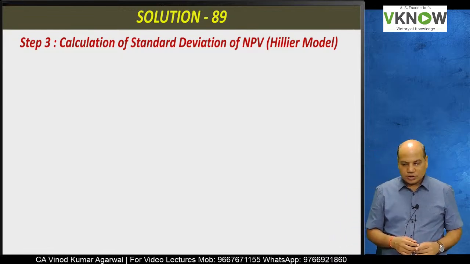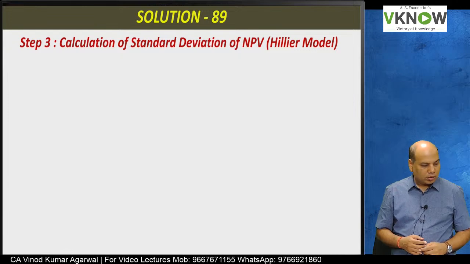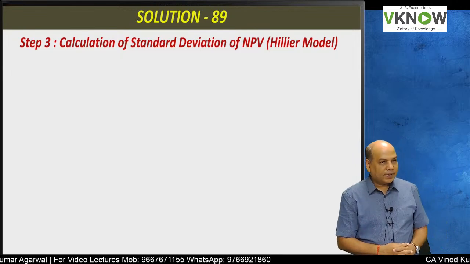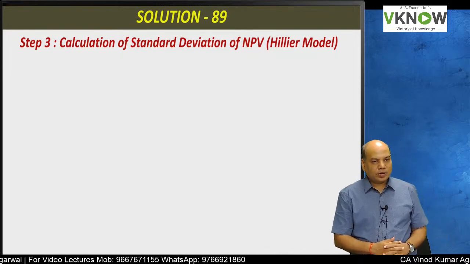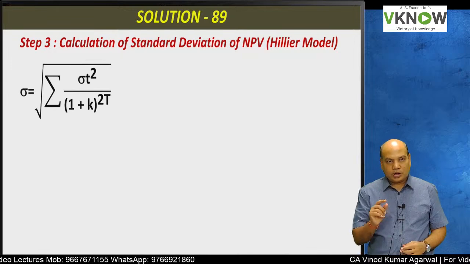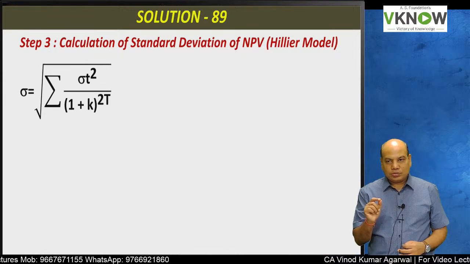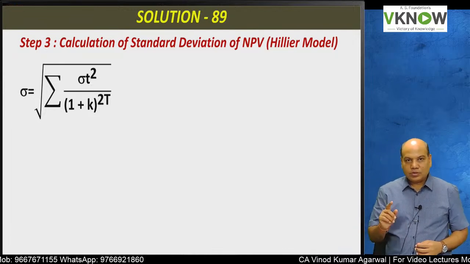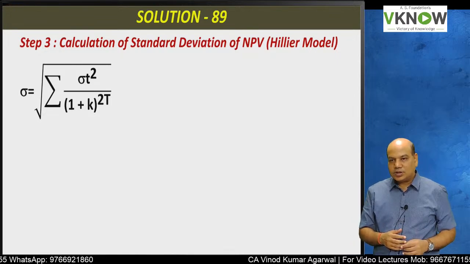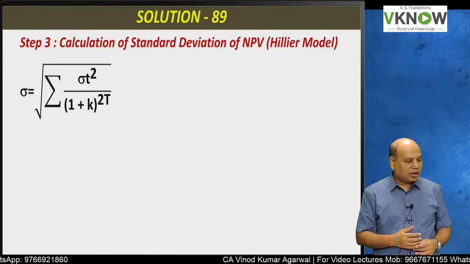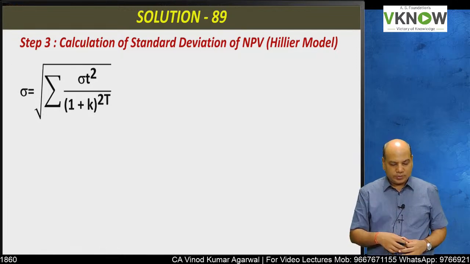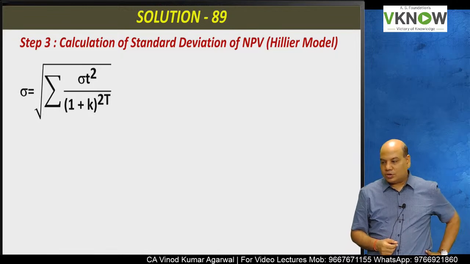Write down step number 3: calculation of standard deviation of NPV, in bracket Hillier's model. The formula is sigma equal to under root summation, summation meaning I have to add all the 3 years, sigma t square upon 1 plus k to the power 2t.